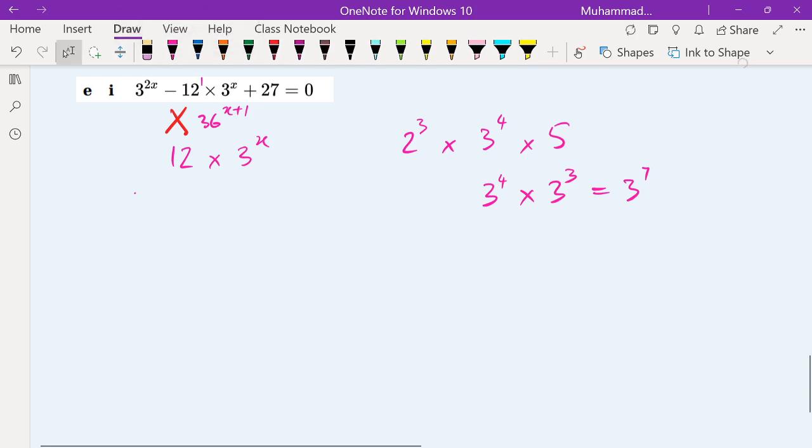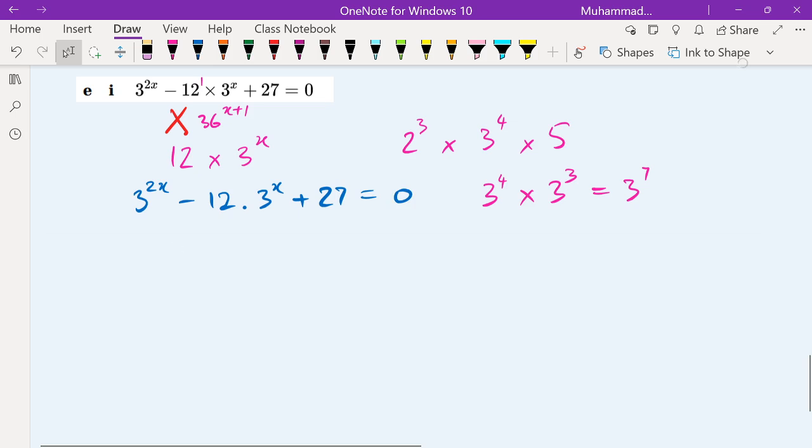So if you cannot multiply them, then what's the way forward? What will you do then? 3 to the power 2x, 12 times 3 to the power x, and then 27. Okay, this is the equation.